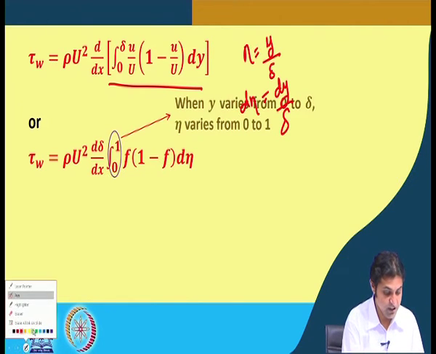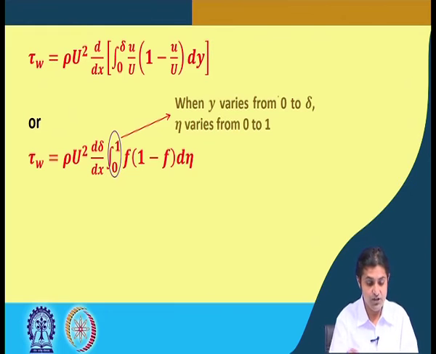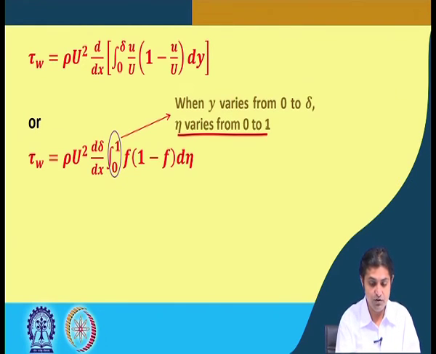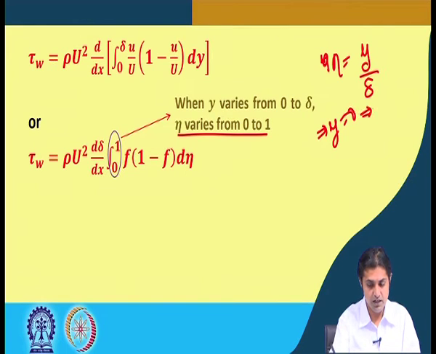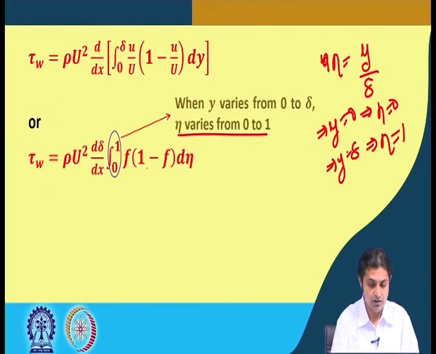Now the limit will change, because when y varies from 0 to delta, eta varies from 0 to 1. So eta is y by delta, when y is equal to 0 implies eta is equal to 0, and when y is equal to delta implies eta is equal to 1. So this limit will change, as shown.